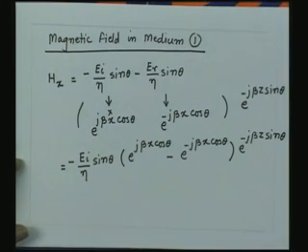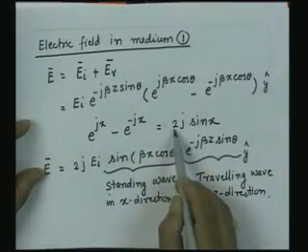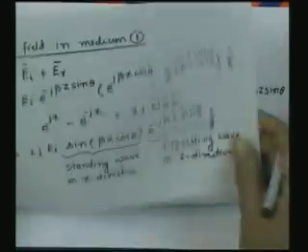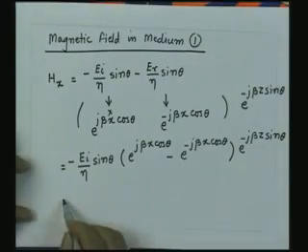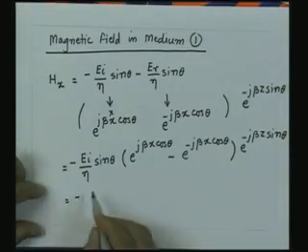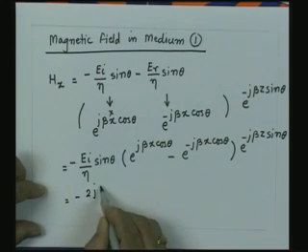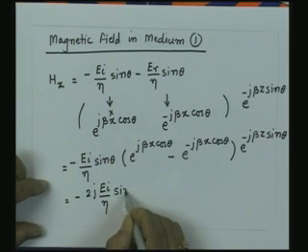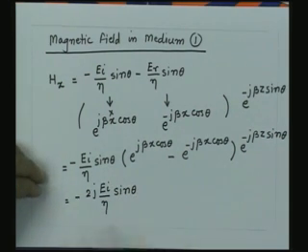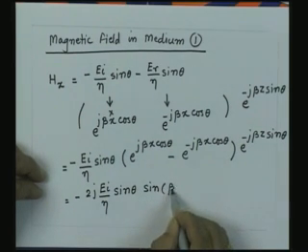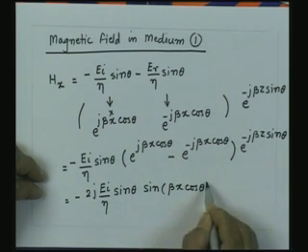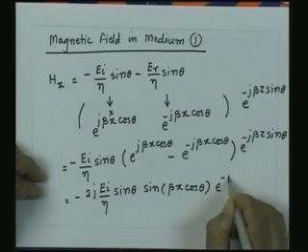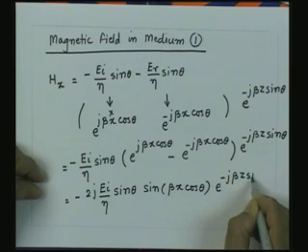Again, as we did in the previous case, we can combine these two terms using this. So, this will become 2 times j sin of x. So, this quantity will be minus 2 times j E_I upon eta sin theta sine of beta x cos theta, times e to the power minus j beta z sin theta.